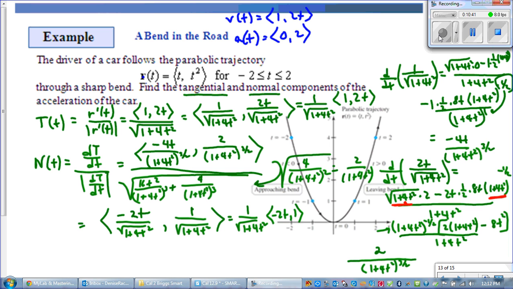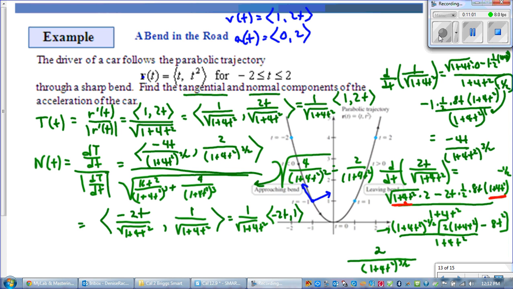I want to figure out how that projects onto the tangent and the normal vector. So looking at a certain point here, the tangent vector goes along with the curve. The normal vector would be going in the direction that the curve is changing.